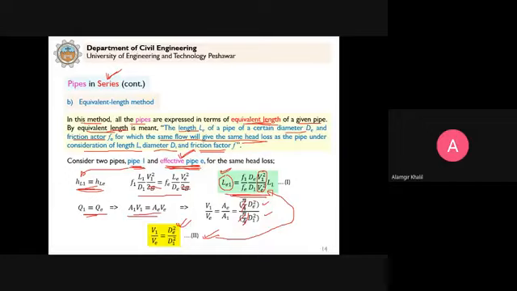Clear? For example, we have 3 pipes given in a problem, pipe 1, pipe 2, pipe 3, and the question is which one will be selected as the effective pipe.